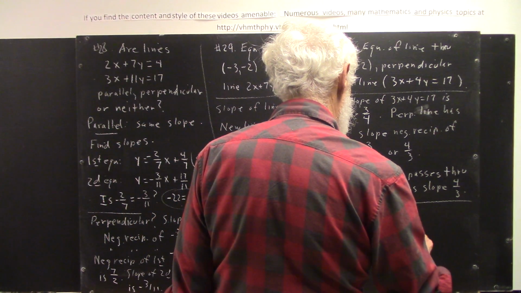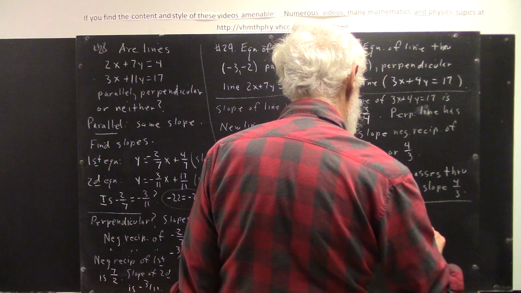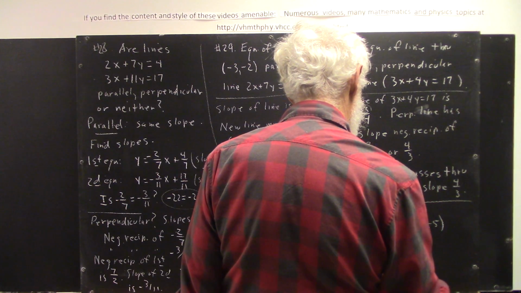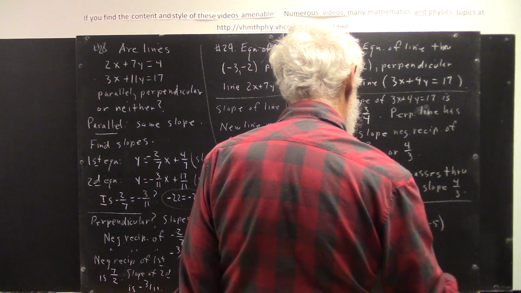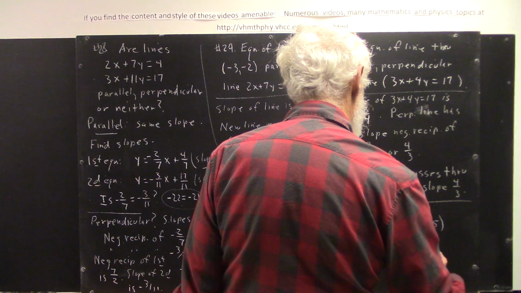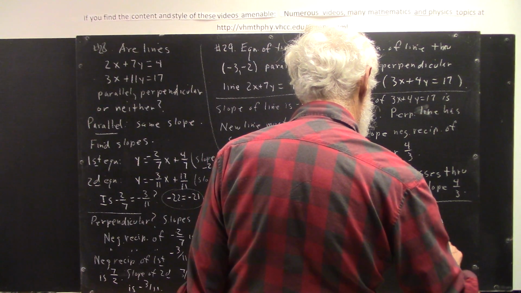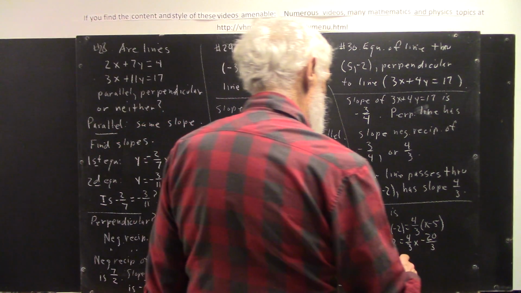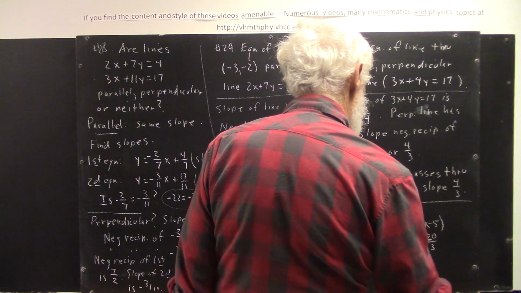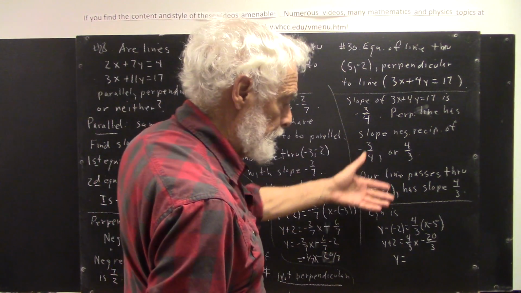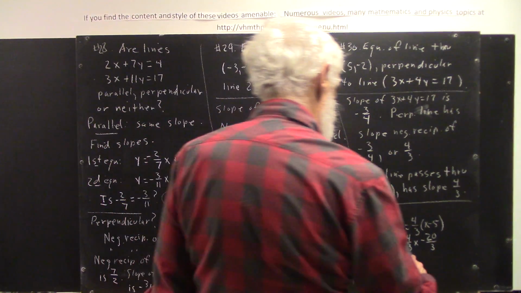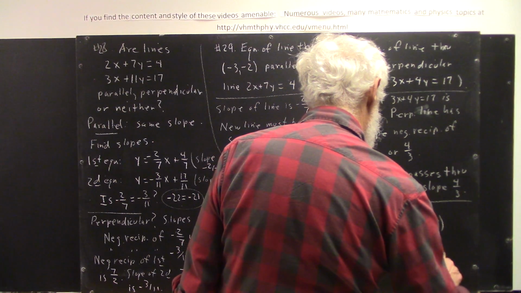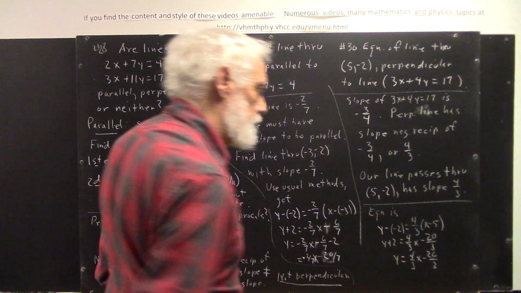So y minus negative 2 equals 4/3 of x minus 5. So y plus 2 equals 4/3 x minus 20/3. And then subtracting 2 from both sides, 2 is 6/3, so we're going to have 4/3 x minus 26/3.